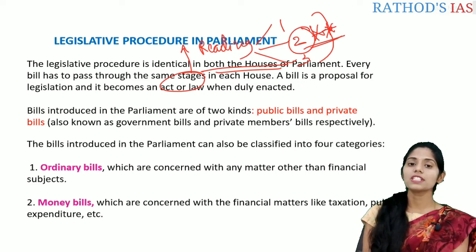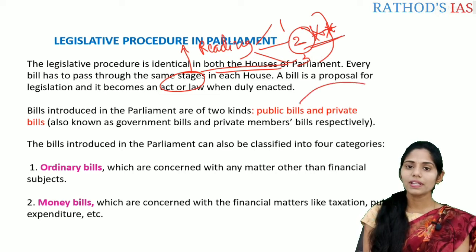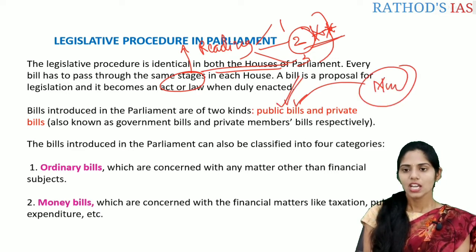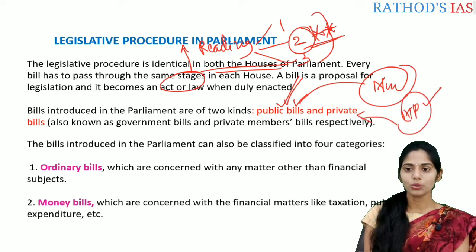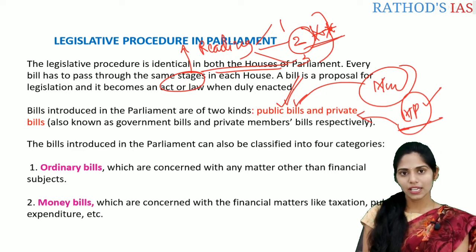What is the difference between the public bills and the private bills? Whenever any bill is introduced by any minister, this bill is called a public bill. Whenever an MP of the parliament who is not a minister introduces a bill in the house, that is called a private bill.